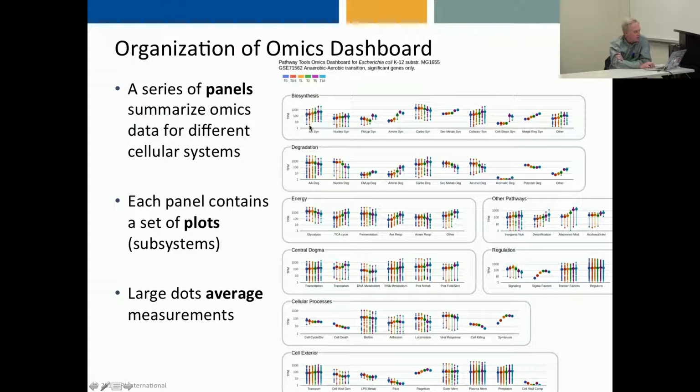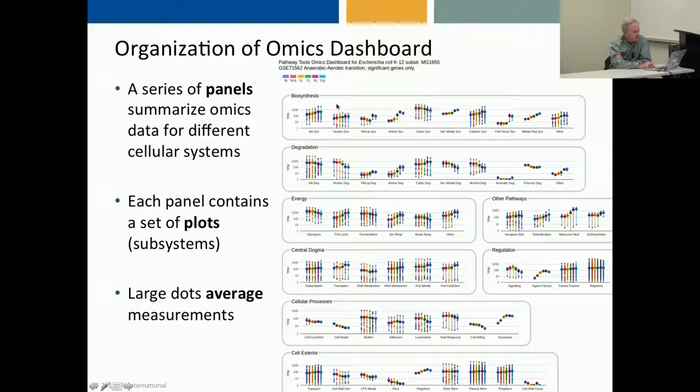The next vertical line is the second time point, third time point, etc. So along each time point, we're plotting all of the expression levels of all the amino acid biosynthetic genes. The fat dots are the averages of those expression levels. And so by letting your eye focus on only the fat dots, you're essentially seeing the overall response of this area of the cell's machinery during the course of this experiment.